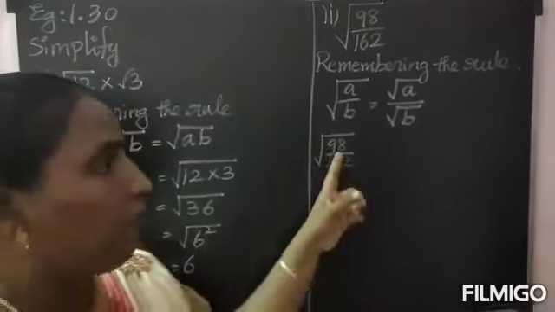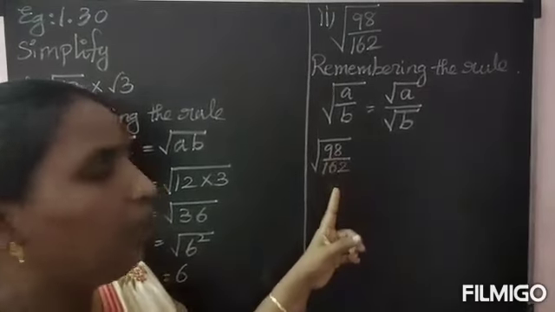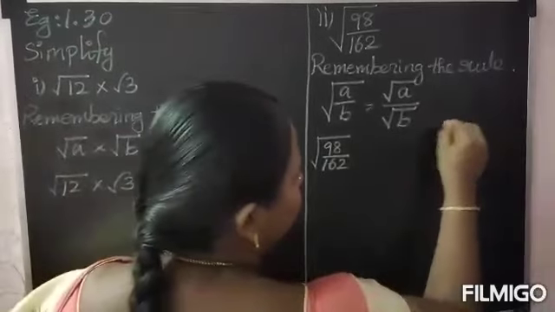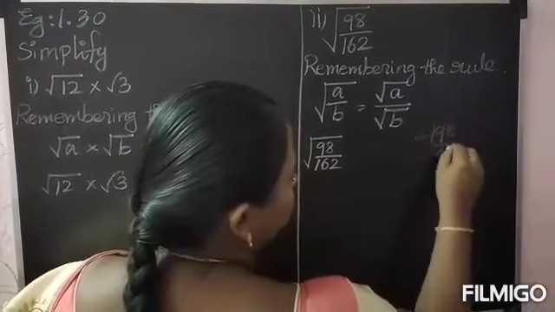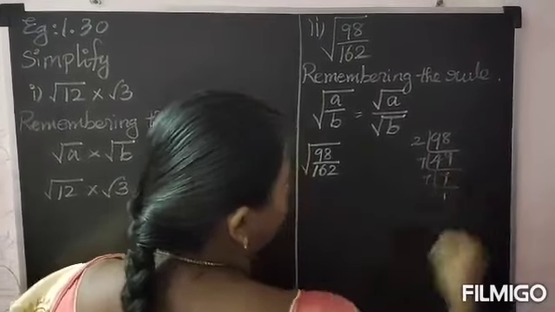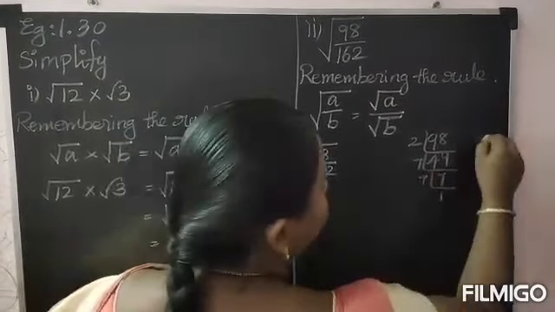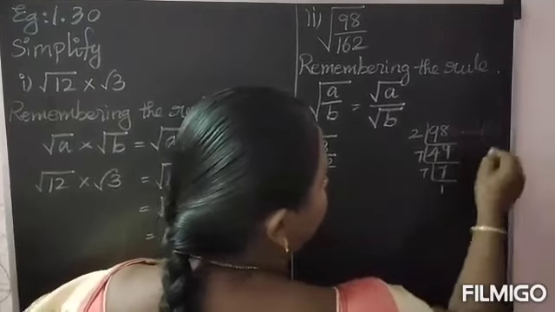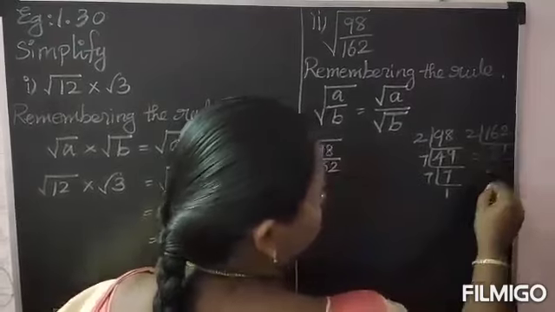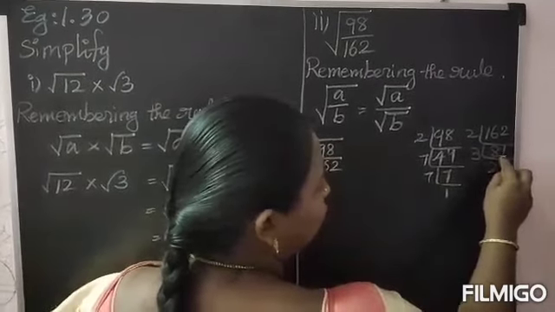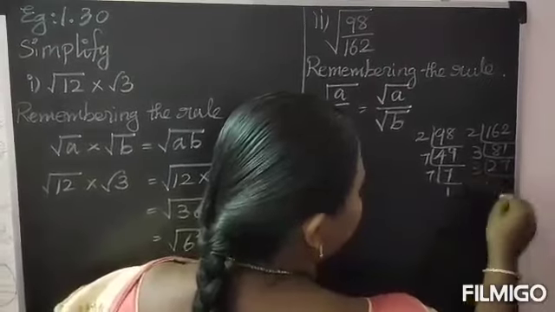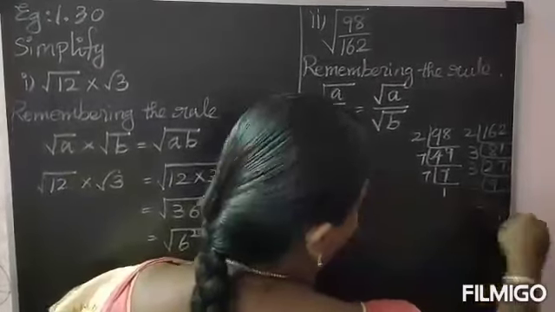We are going to do prime factorization for the numerator and the denominator separately. So for 98, 2 table, 2 4s are 8, 2 9s are 18... 7 7s are 49. Next 162: in 2 table, 2 81s are 162; in 3 table, 3 2s are 6, remainder is 2, 2 7s are 14, then 3 9s are 27, 3 3s are 9, 3 3s are 9.